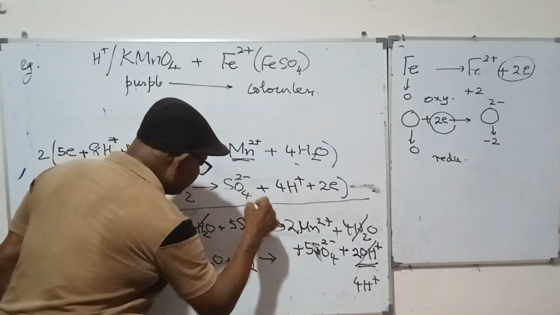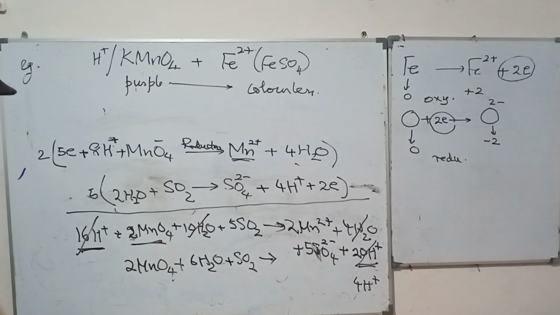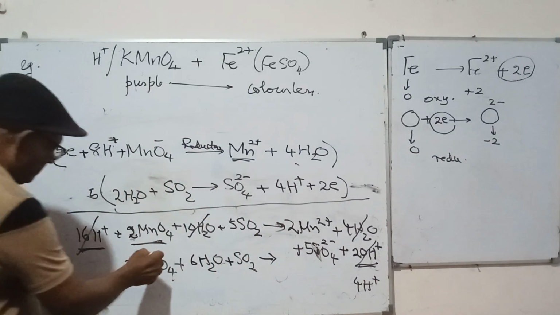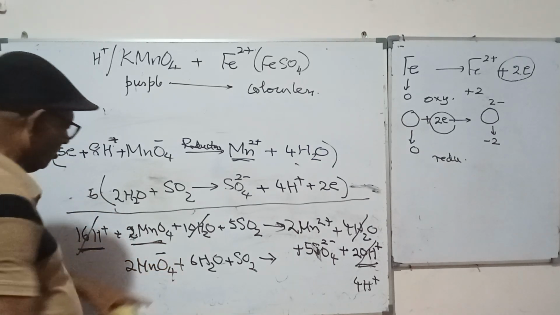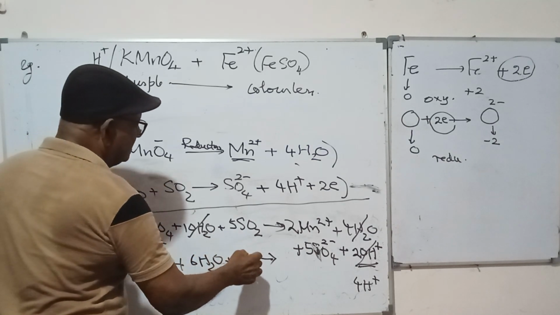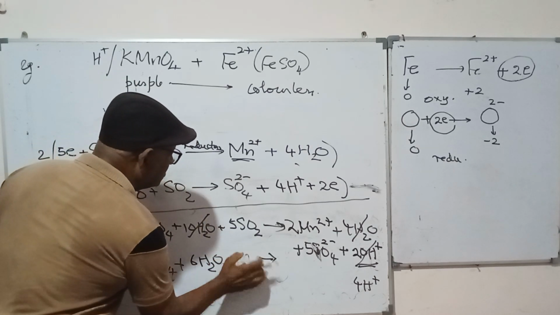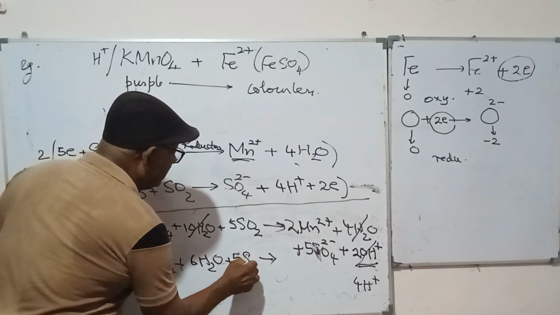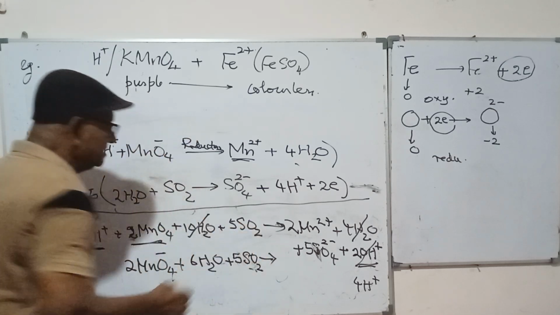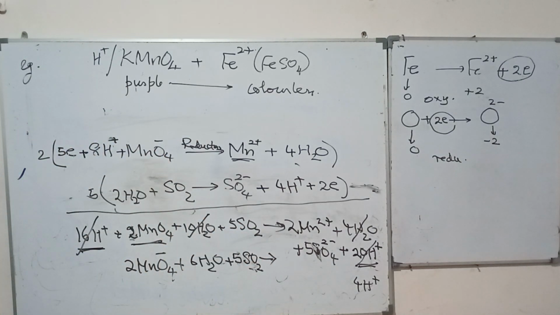Then it is clear that the reactants are 2MnO4 minus, 6 water and 5SO2. These are the reactants.